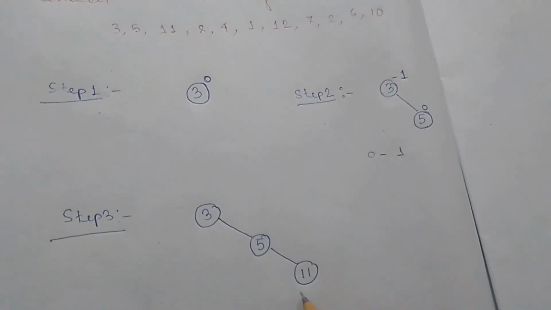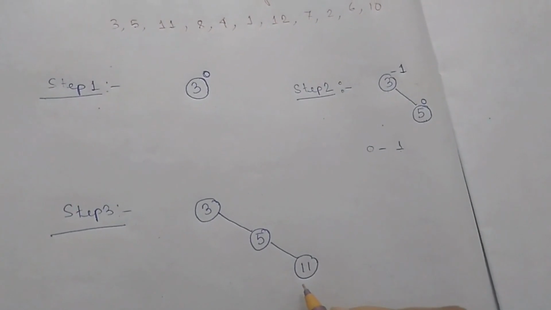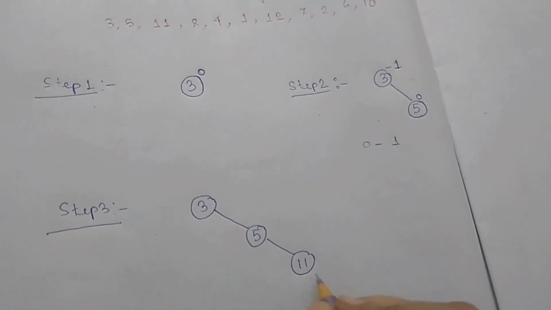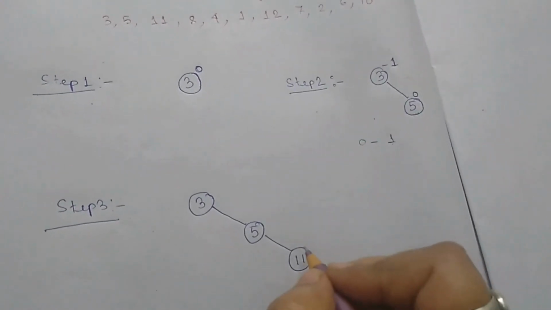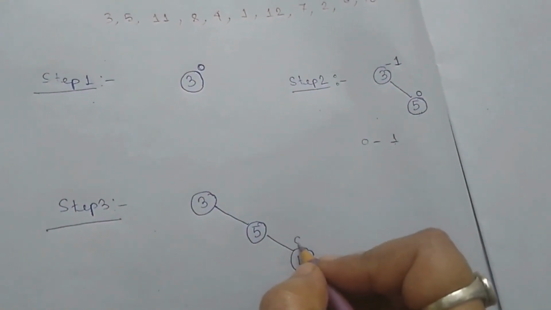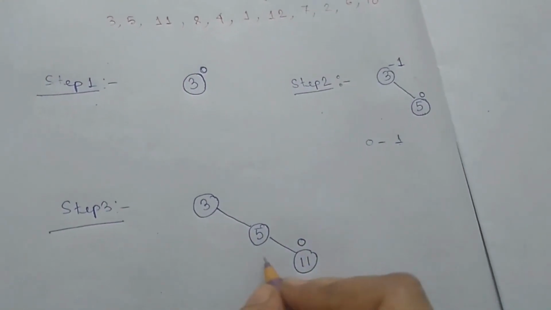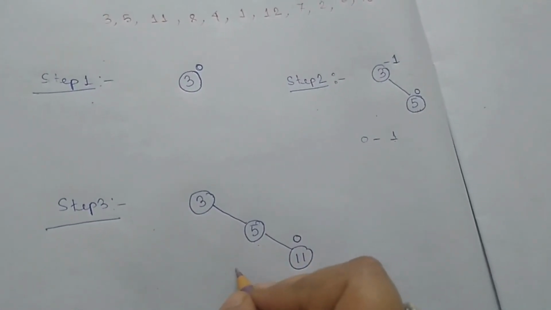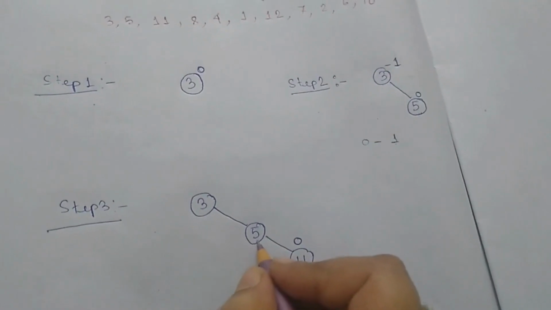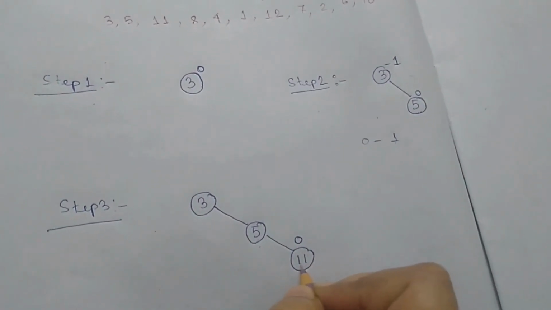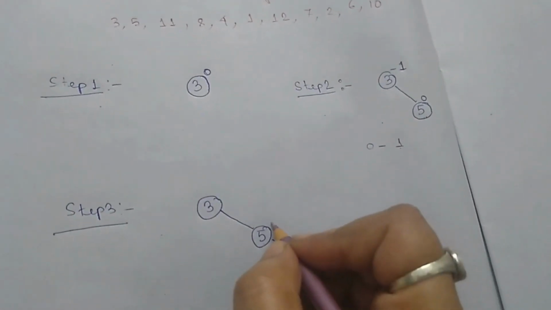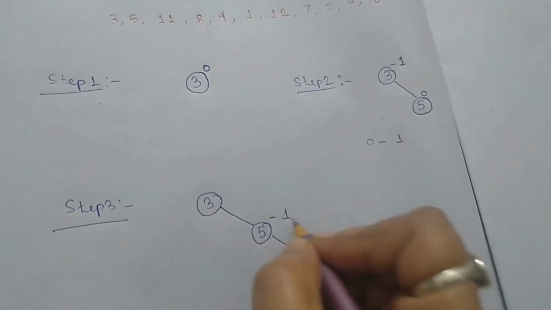So again we calculate from the bottom side, that is 11 has no left subtree as well as right subtree. For that reason, 0 minus 0, the value is 0. Again if we consider 5, in case of 5 there is no left subtree but the right subtree is situated. For that reason, 0 minus 1, the value is minus 1.